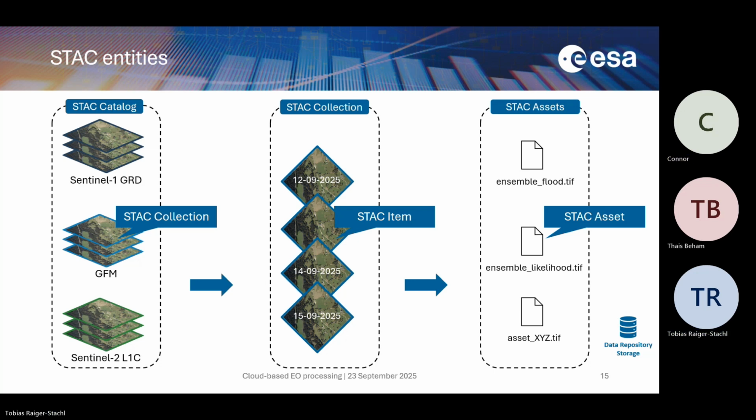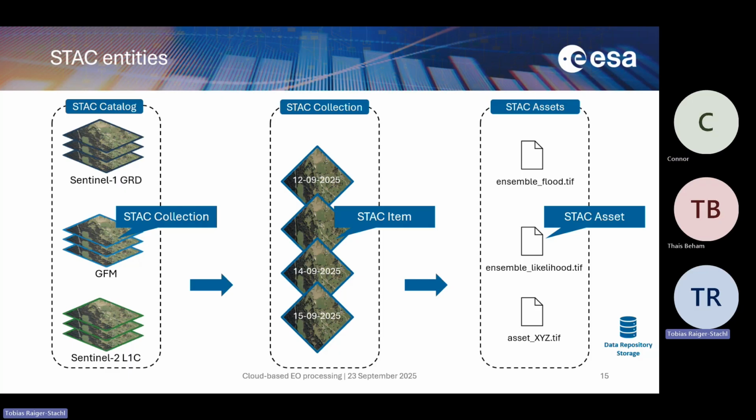And in the item, you can then describe a STAC asset. An asset is basically a link to a file, or a link to the data. So one STAC item of Sentinel-1 GRD has, as an example, one STAC asset, which is the VV polarization, and a second asset, which is the VH polarization.